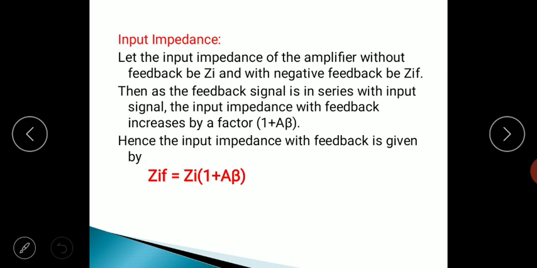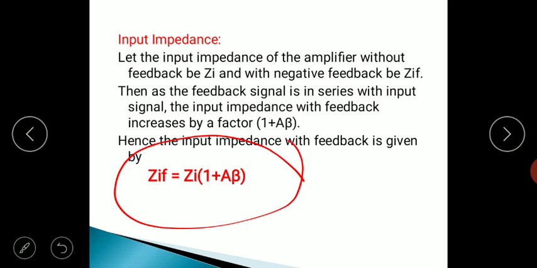Thus, when negative feedback is used in voltage series feedback amplifier, since the input is connected in series with the feedback signal, the input impedance of the amplifier increases by a factor of 1 plus A beta, and therefore Zif becomes Zi into 1 plus A beta. It is multiplied by a factor of 1 plus A beta. Hence, there is an increase in the input impedance, which is one important property of the voltage series feedback amplifier.